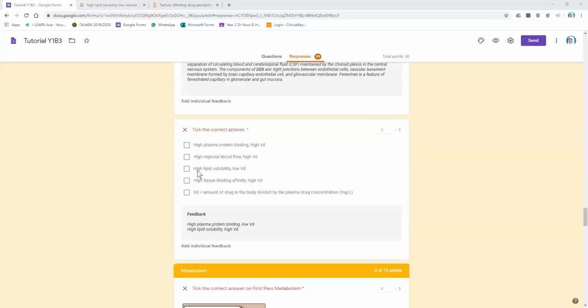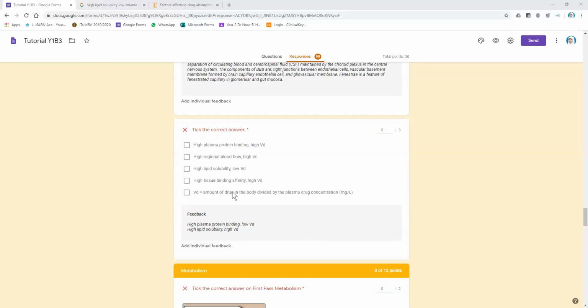So that's why it is high volume of distribution. Okay, high tissue binding affinity. Some drugs are highly tissue bound, so there will be little drug in the circulation and the plasma concentration is low, so it will accumulate and may become toxic. So high tissue binding affinity will have high volume of distribution, which can lead to toxicity.